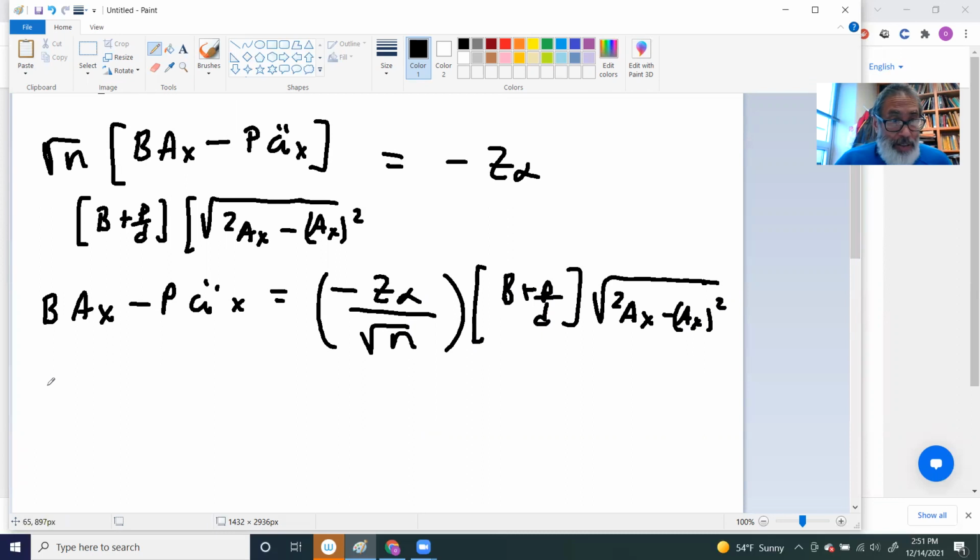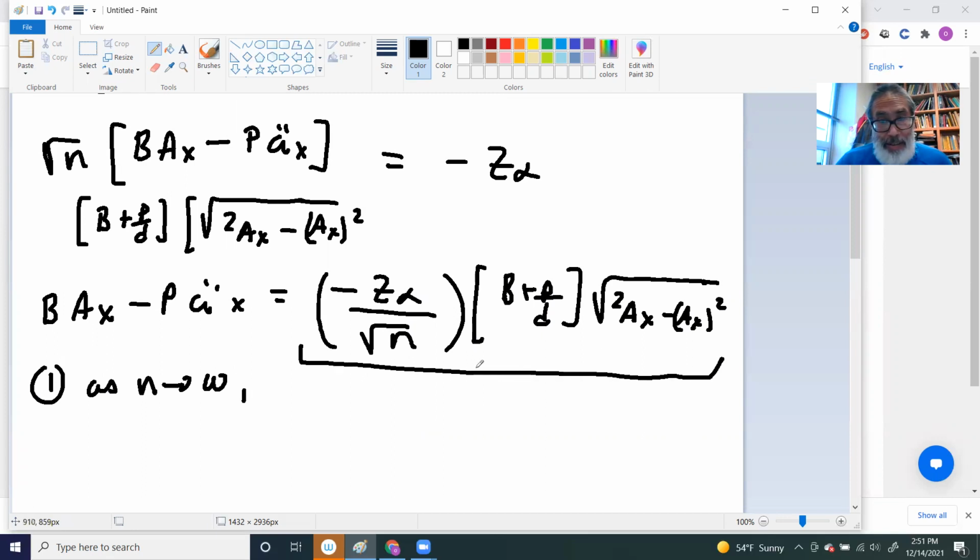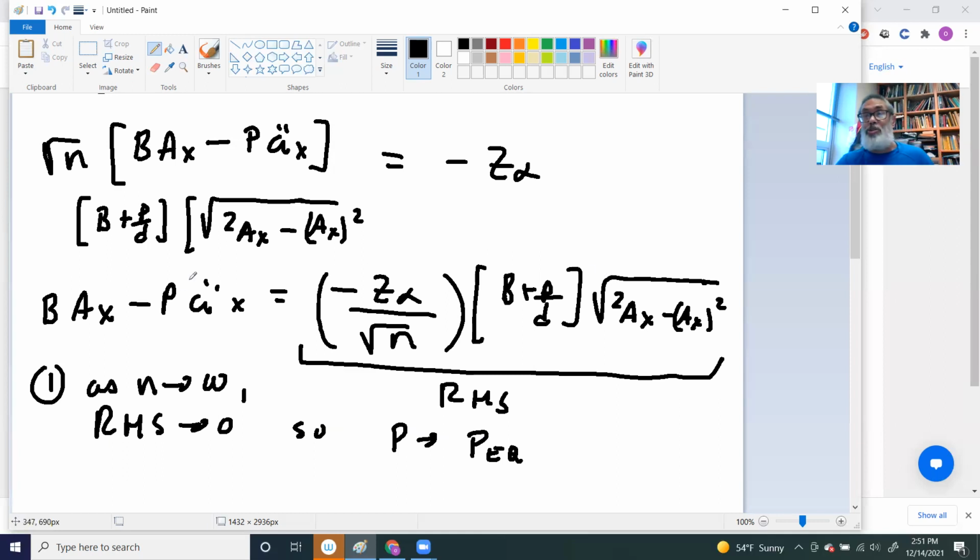Now notice, the first thing to notice, as n goes to infinity, the right-hand side goes to 0. So it turns out that P approaches the equivalence principle P, because the right-hand side going closer to 0, eventually 0, means you're just doing the equivalence principle right away. So if you take this over a bunch of policies, that happens.